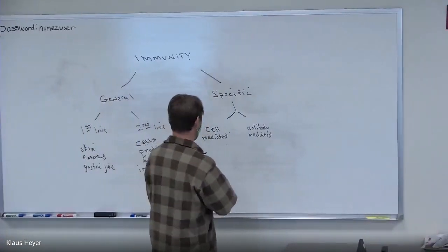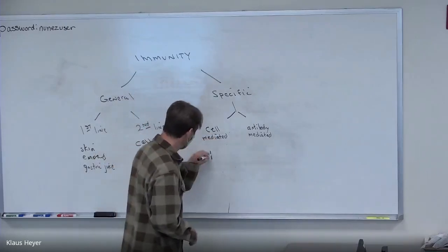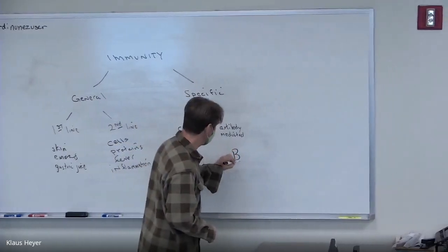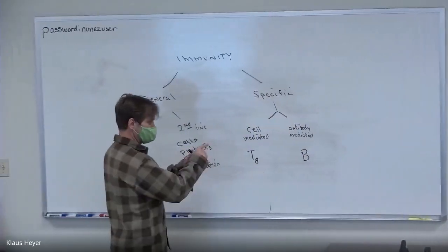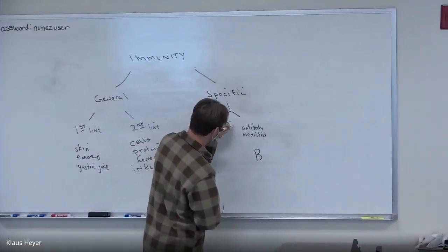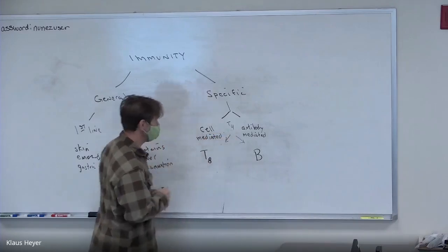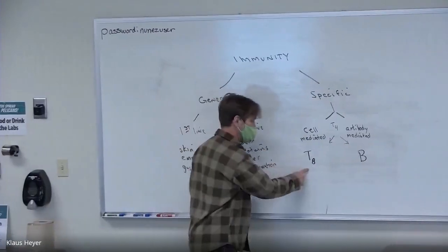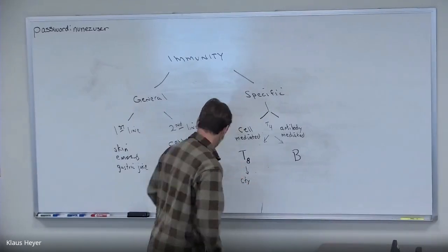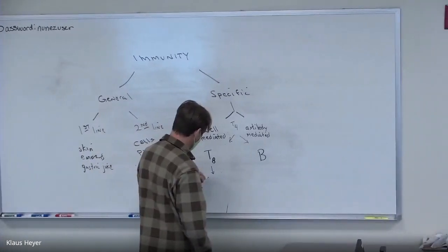So cell-mediated, antibody-mediated. Cell-mediated is going to involve the T8 cells. Antibody-mediated is going to involve B cells. And then the command and control center is the T4 cells. They're going to get the stimulation to both sides. T8 cells are going to clone, and they're going to become cytotoxic T cells.